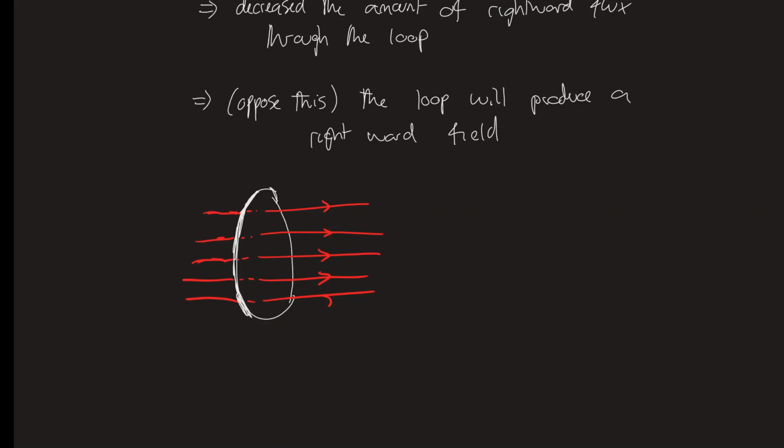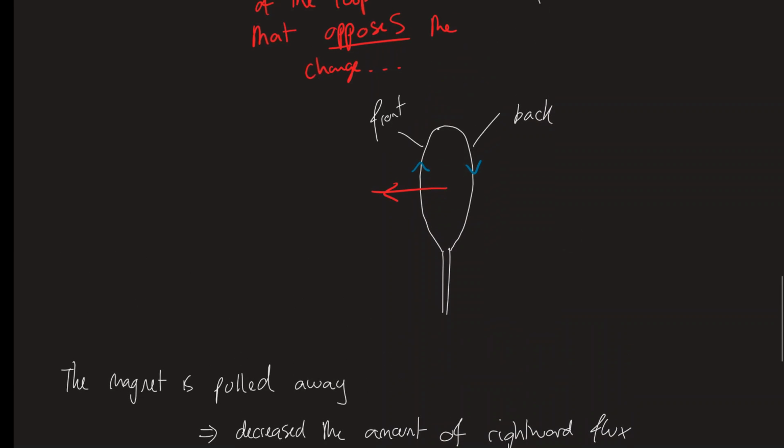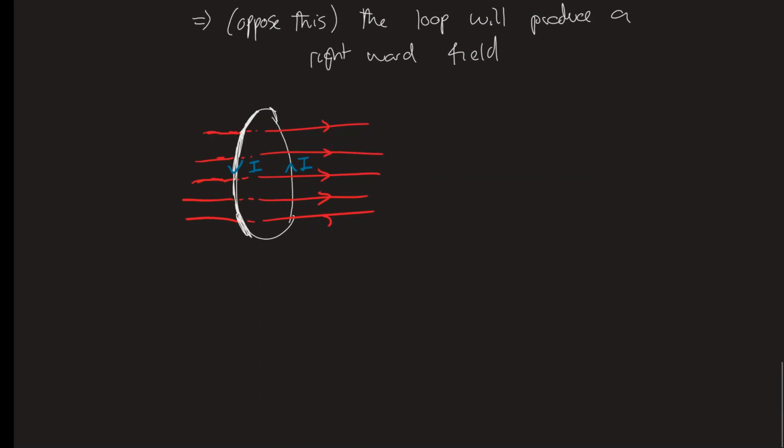And then the current must be directed up the back of the loop and down the front, because when you curl the fingers, when the thumb's pointing to the right, the fingers will point down at the front, and at the back they're pointing up. So you get this: at the back of the loop the current's coming up, at the front of the loop the current's coming down. Well, that's the complete opposite of what we've got right here, and we'd expected that. We'd expected go through the opposite process and get the opposite result.